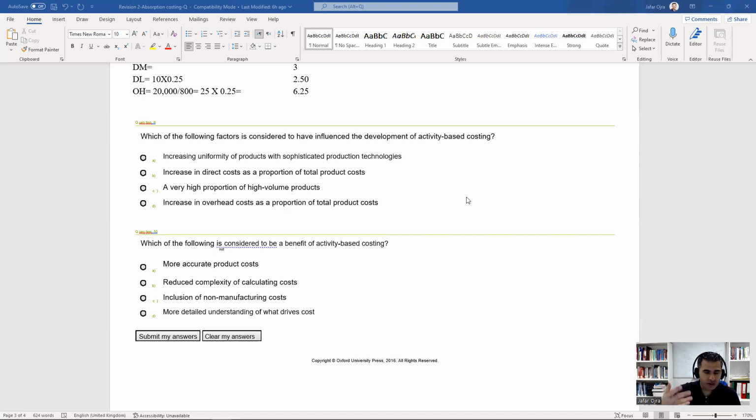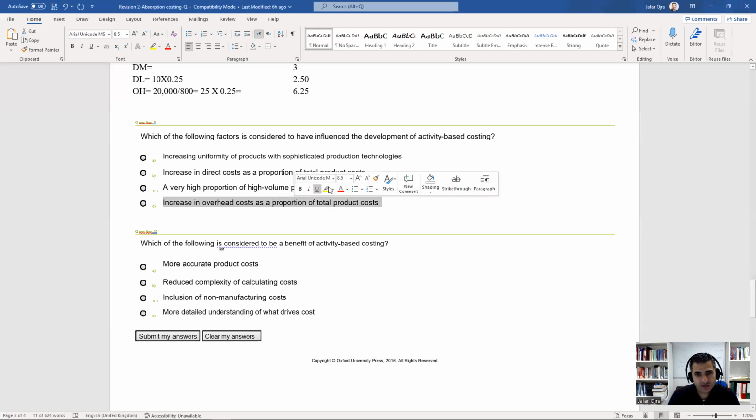The fixed cost or overhead cost increased as a proportion of total product cost. So the typical answer would be D.